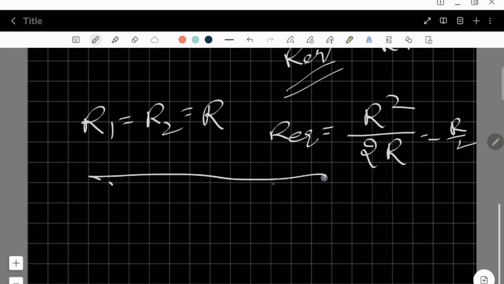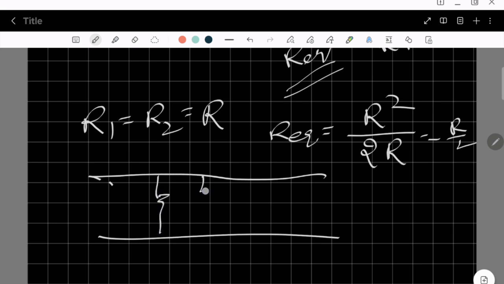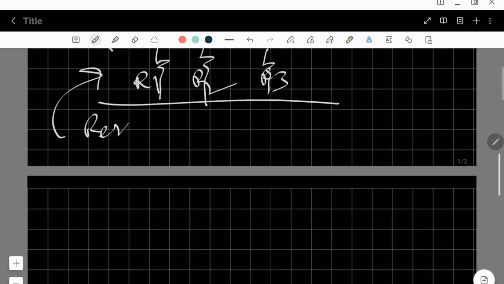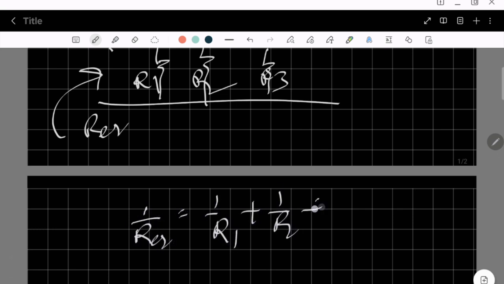As an extension, instead of taking only two resistors, now I will take three resistors: R1, R2, R3, and I need to find R equivalent. Again, the same approach. I will get 1 by R equivalent is equal to 1 by R1 plus 1 by R2 plus 1 by R3.